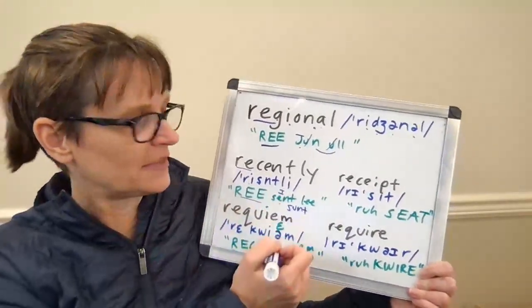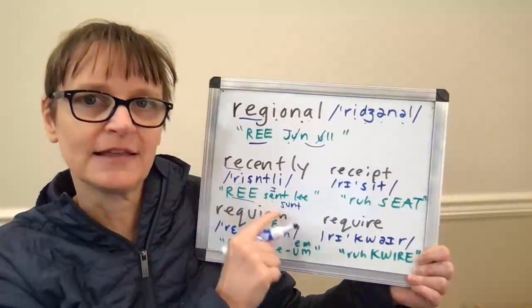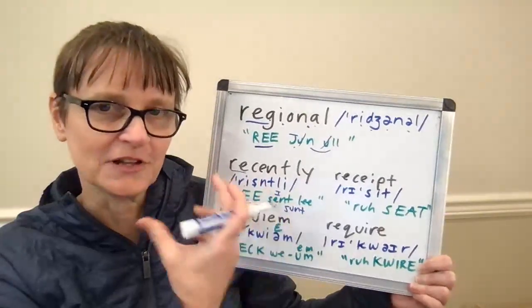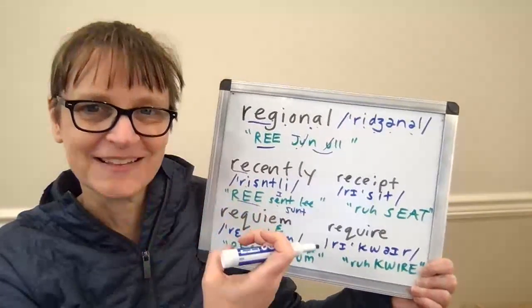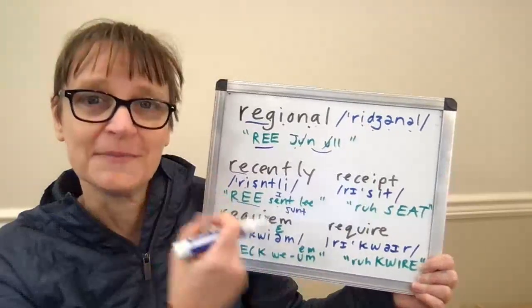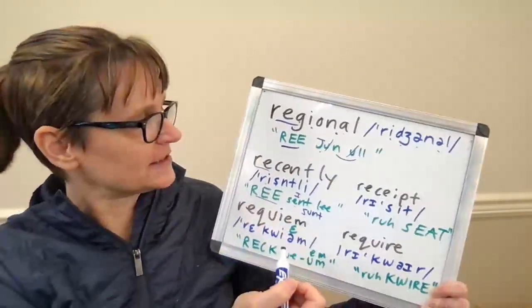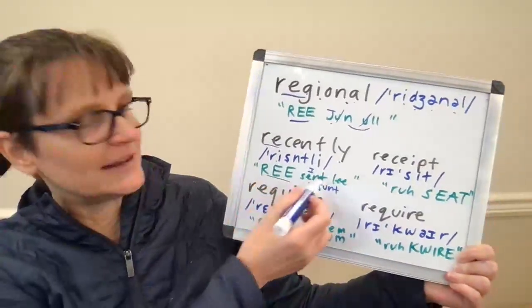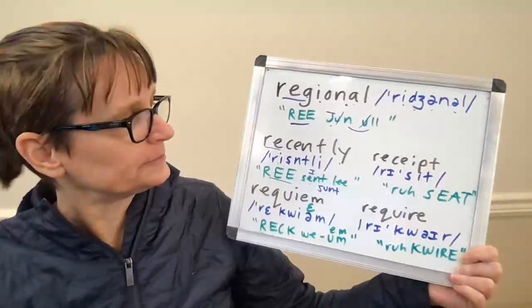You can hear if I go slowly, they all sound a little odd, because typically in recent and recently, I'm not going to have much vowel. It's going to again be a reduced vowel in that second syllable. And then my letter Y is that tense E sound again. So I begin and end with an E in recently.